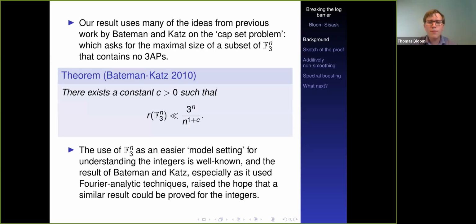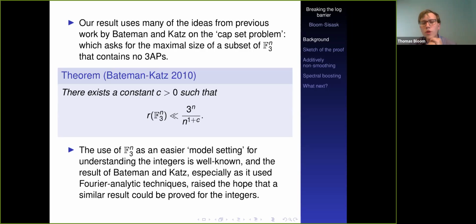So they proved a similar upper bound for a related quantity. If I replace the interval 1 up to n by the finite abelian group F3 to the n, say, then I can still ask the same question. I can ask, what is the largest size of a subset of F3 to the n which contains no non-trivial three-term arithmetic progressions? This is often known as the cap-set problem.